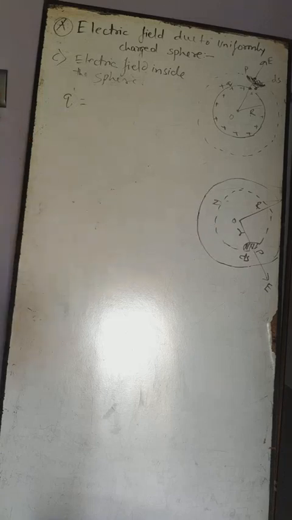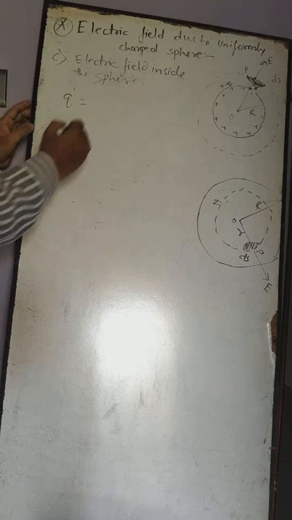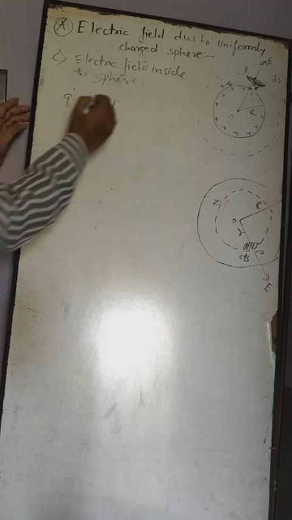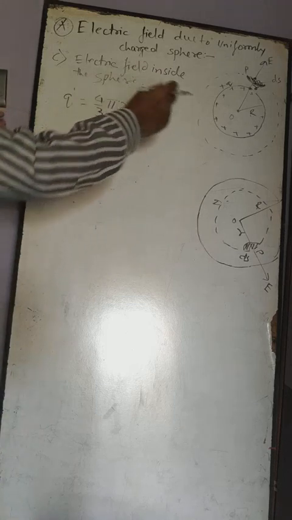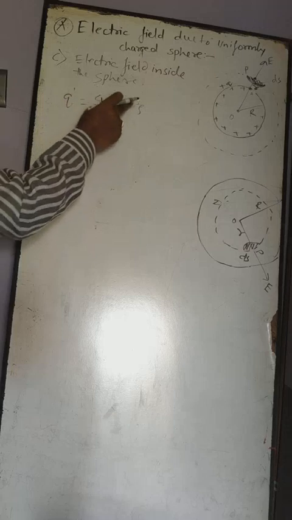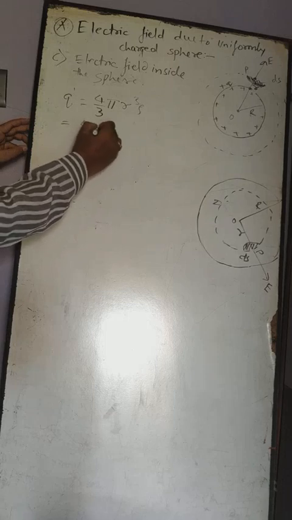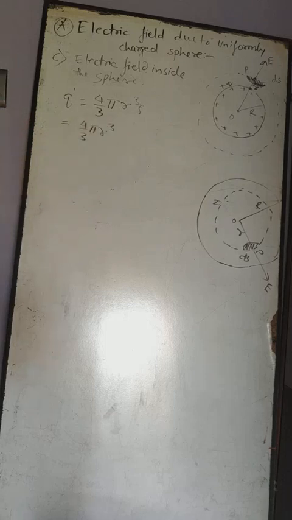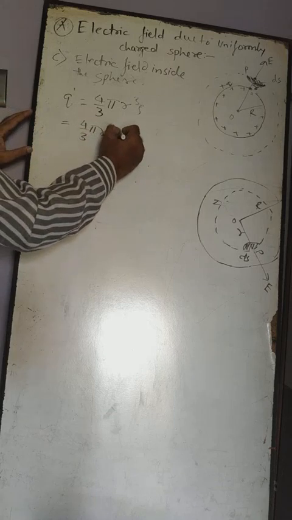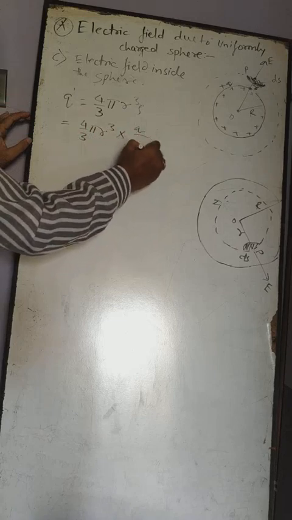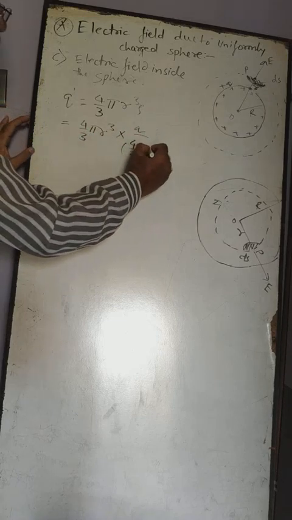Q dash is equal to 4 by 3 pi r cube into rho. Here we take only Q, 4 by 3 pi r cube into sigma. Now we know that the sigma value is Q divided by 4 by 3 pi R cube.